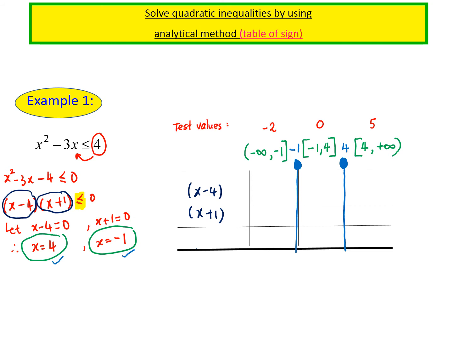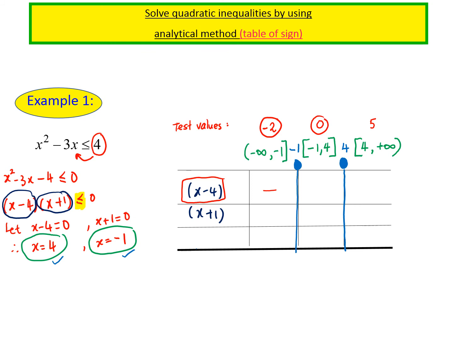Now my next step will be, take your calculator, look at the factor x minus 4. What happened to x minus 4 when my x is equal to negative 2? Press it inside your calculator. Negative 2 minus 4 will give me negative 6, so it will produce a negative answer. Next, I choose the test value 0.